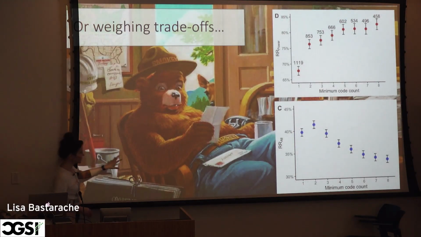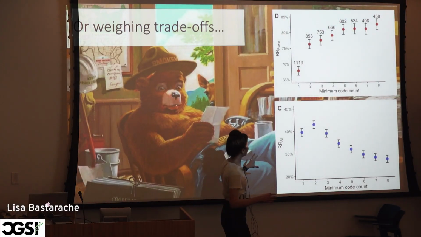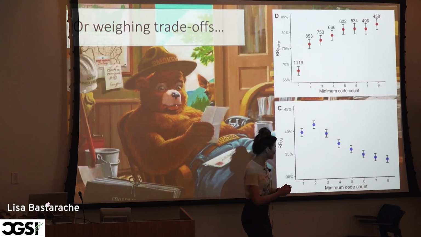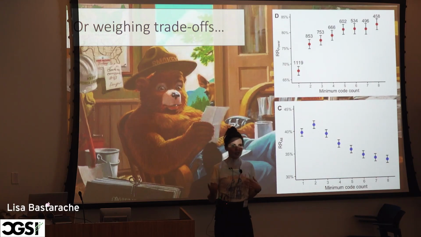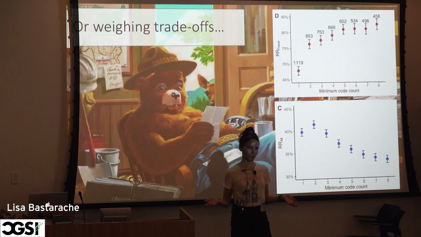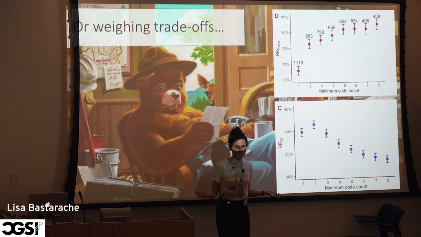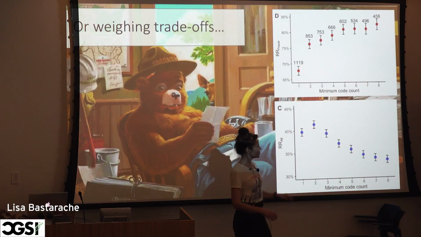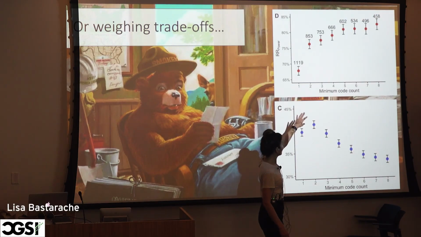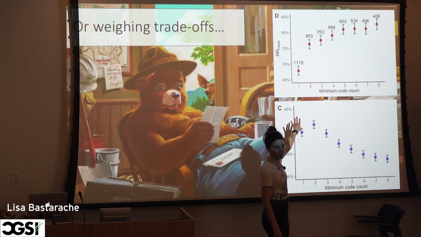But basically, one thing that I think is really neat about the phenotype genotype reference map and looking at replication as a metric is that you can start testing different assumptions. Let's say you don't want to just run your paper, I'm going to use the rule of 2. You want to say, well, is the rule of 2 actually better? And how do I actually evaluate that across so many phenotypes? One way you could do it is you could test how the minimum code count affects your capacity to replicate known associations.